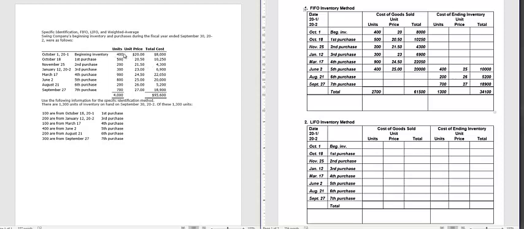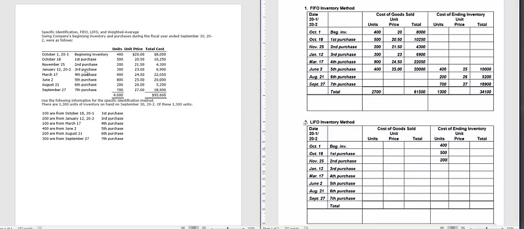We know that we must still have the 400 from beginning inventory, and then we also have 500 from the first purchase. That gives us 900. We'll take 200 from the second purchase. That gives us 1,100. So we still have 200 left in ending inventory.